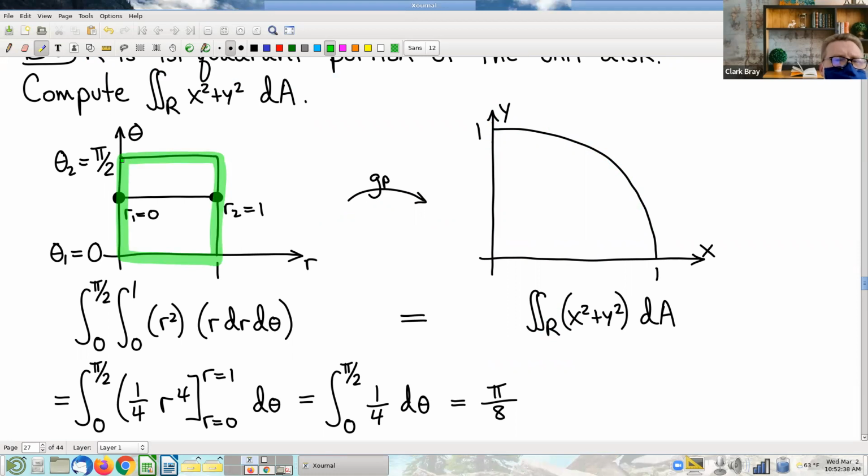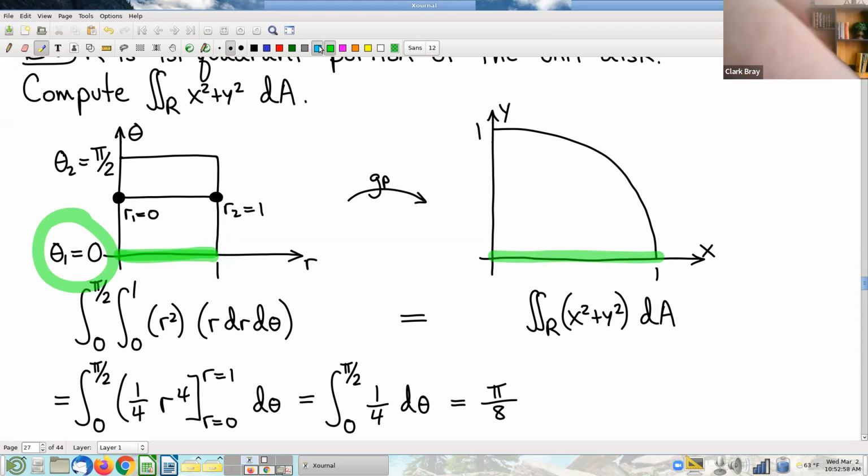Now, how do I know that this rectangle is it? It's not that bad of an observation, really. Let's look at one edge at a time. Here I've got this green edge here, that's where theta is 0 and r goes from 0 to 1. So, okay, boom, theta is 0, r goes from 0 to 1. What can I say about this edge here?